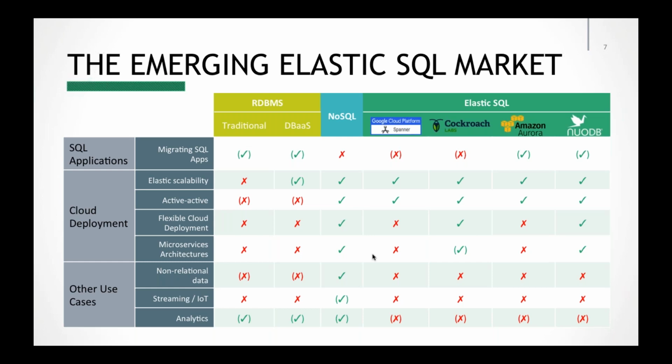Right, the traditional database product easily migrates SQL data to itself and scores very well there, but quickly drops off when we look at cloud deployment types of requirements, and even some of these other use cases that are listed here, like non-relational data or Internet of Things types of streaming of data. But traditional database does very well with things like analytics and driving through OLAP databases and so on, and actually does quite well there. But there is that gap in the middle, it just was not designed, does not fit well in a cloud deployment model.